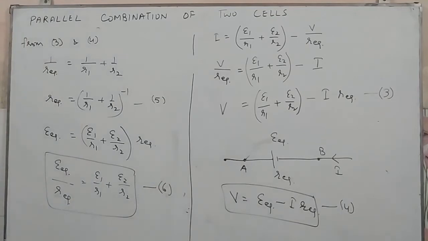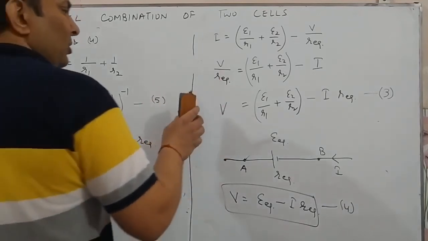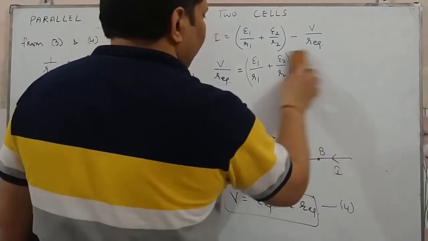So in case we have parallel combination, then we have this kind of result for the equivalent resistance and equivalent EMF. So we can solve this for a case in which we have connected so many cells of the same type. Let's see.